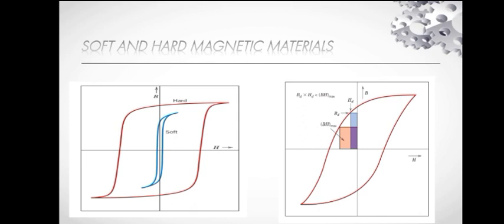Consequently, a soft magnetic material must have a high initial permeability and low coercivity. A material possessing these properties may reach saturation magnetization with a relatively low applied field and still have low hysteresis energy losses.